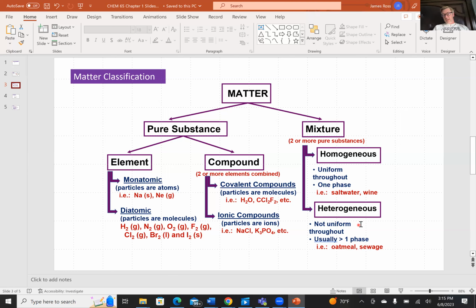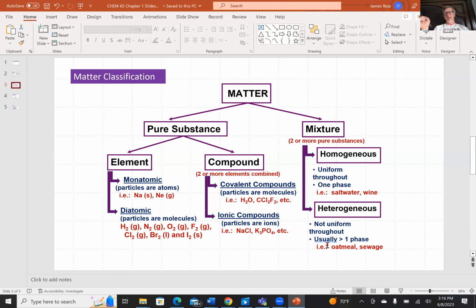A heterogeneous mixture, on the other hand, the prefix hetero means different. So here it looks different to the unaided human eye. Homogeneous looks the same to the unaided human eye. Heterogeneous looks different. There are features. Those features could be anything that you can distinguish without the aid of a tool. A canonical example of a heterogeneous mixture is cereal with milk. If you've got your Cheerios in milk, you can see the O's clearly distinguished from the milk itself.